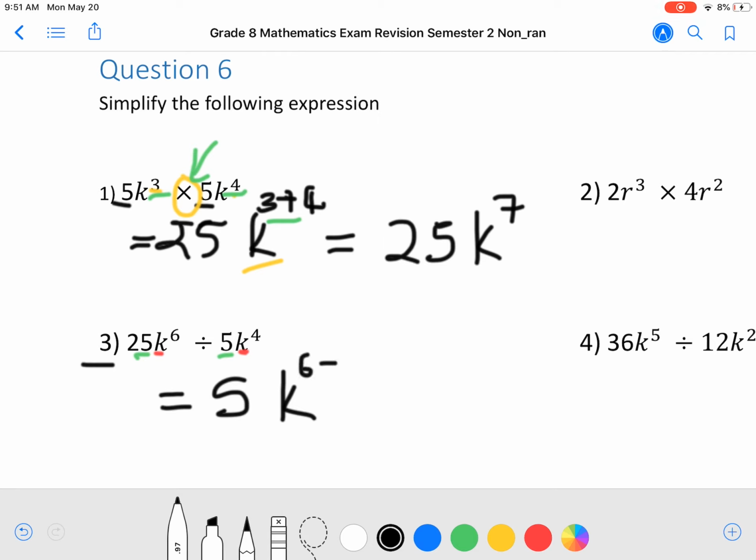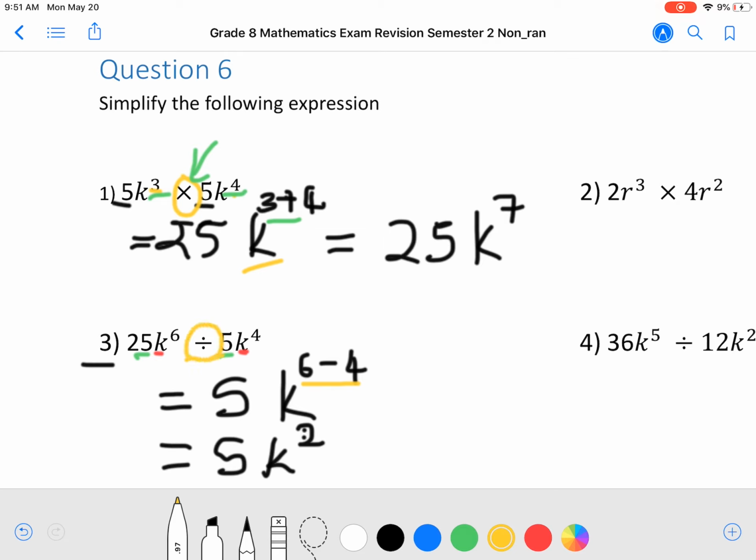So 6 minus 4, and what we end up with is 5 k to the power 2, because it's 6 minus 4.